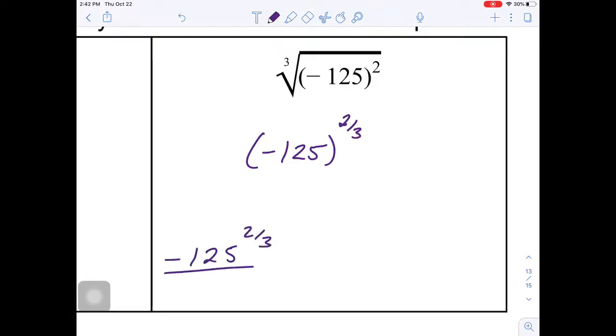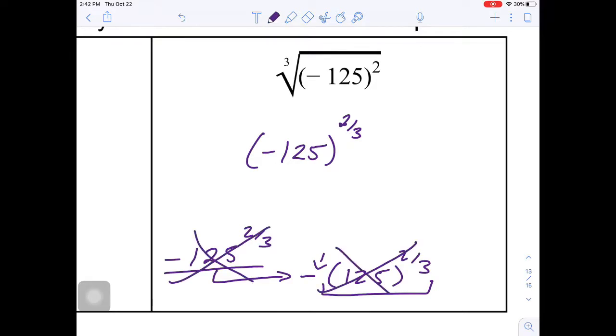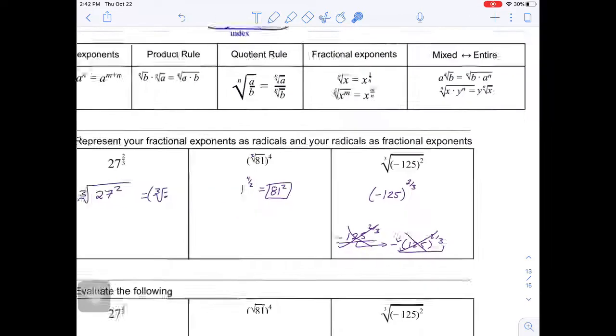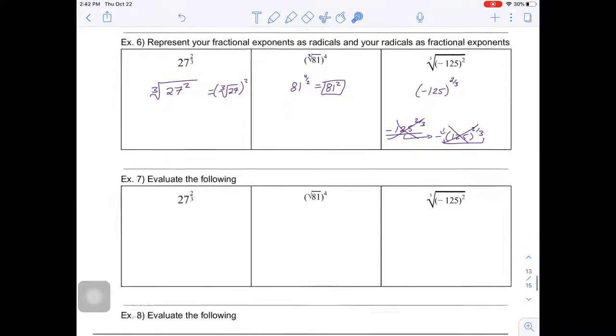Why is this different? Because if you plug this into your calculator, it will bracket just 125 and solve this first, and then you'll get a negative number. Here we have to get a positive number, so this is wrong. Okay, and if you're confused on why that's wrong, please definitely come see me or email me or ask any questions, okay? So now let's go to example 7, and actually solve these.